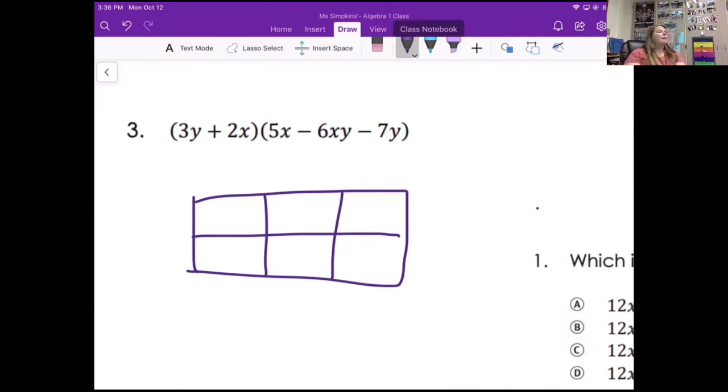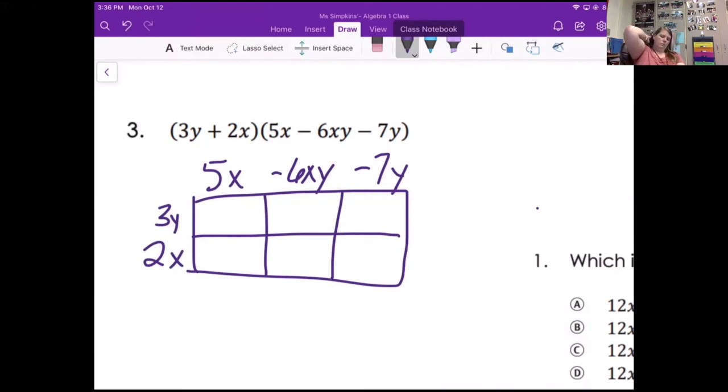At the top, I'm gonna write my trinomial, 5x, negative 6xy, negative 7y. On the left, I'm gonna write my binomial, 3y and 2x. All right, so let's start multiplying.